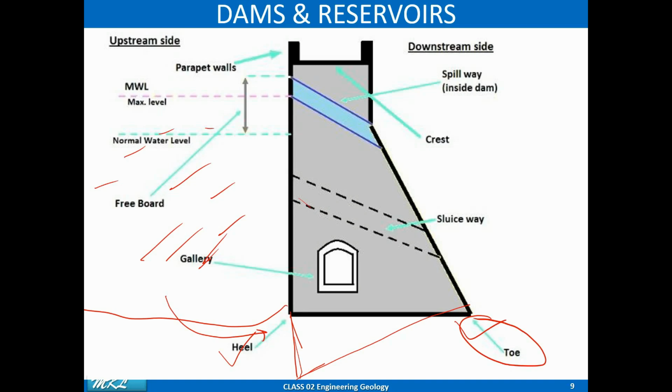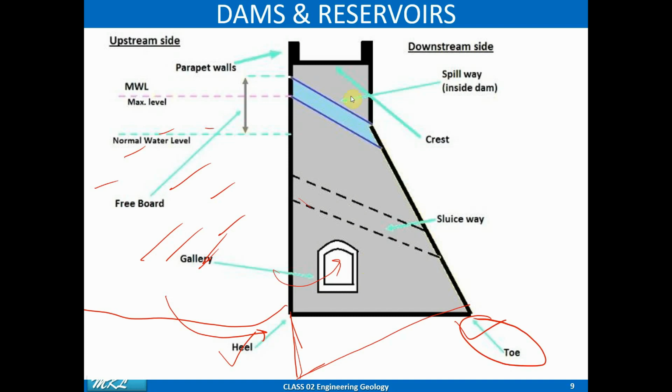Seepage will be happening; it's a common phenomenon, but you have to minimize it. The seepage water can pass through this gallery. It's a longitudinal tunnel-like thing inside the dam construction, which allows the seepage water to pass. See, it's a cross section I am taking.